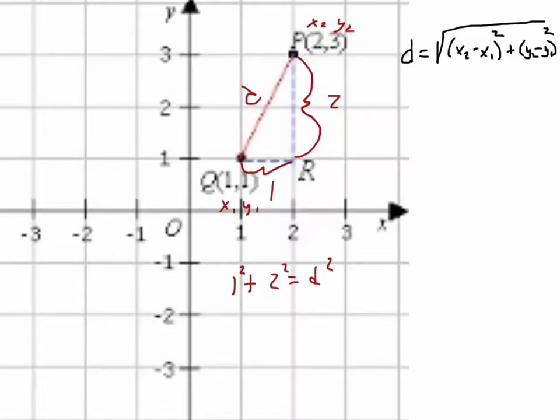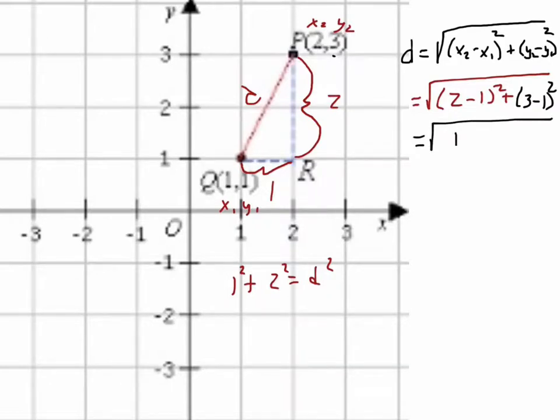So now let's plug it into our formula. So our formula d equals the square root. So x2 is 2. So 2 minus 1 squared plus, and now let me do the y's in black. So the y's are 3 and 1. So 3 minus 1 squared. So again, what we should be noticing is it should be the same numbers.